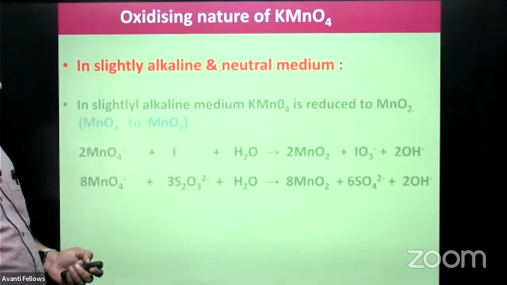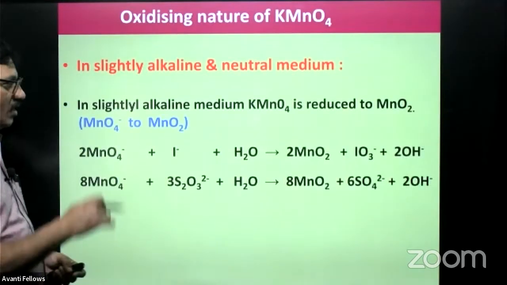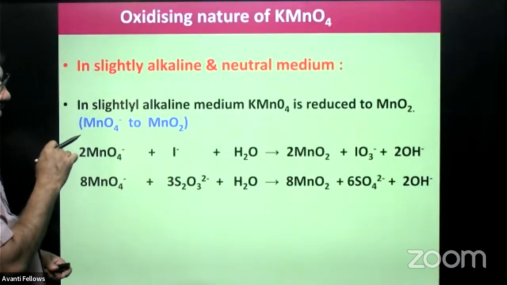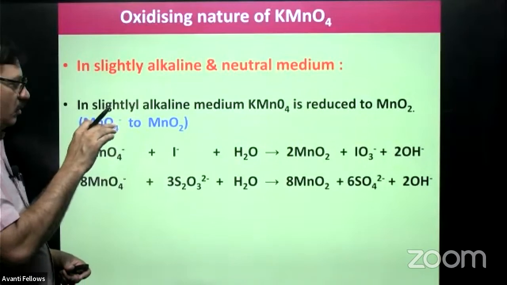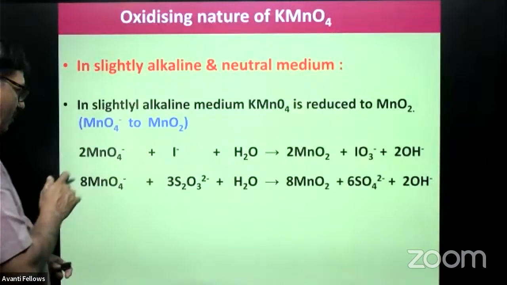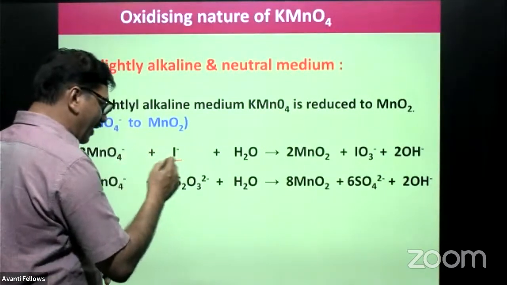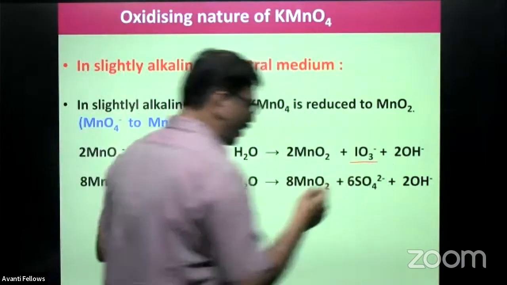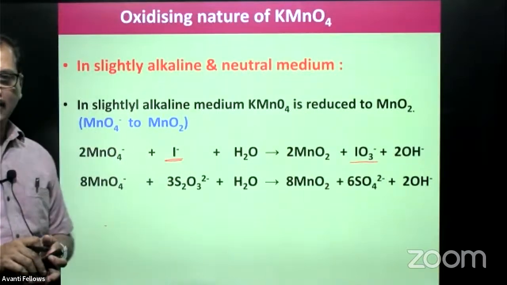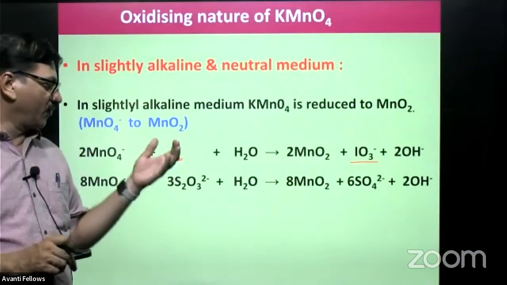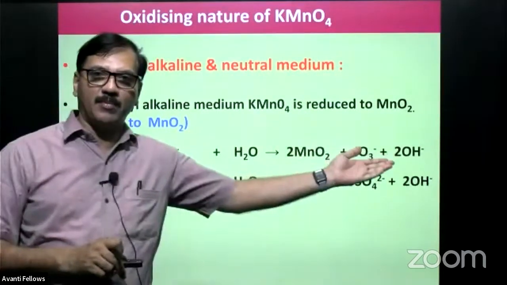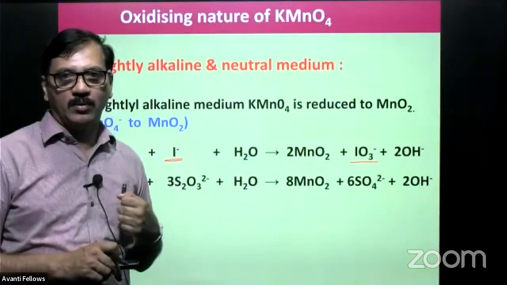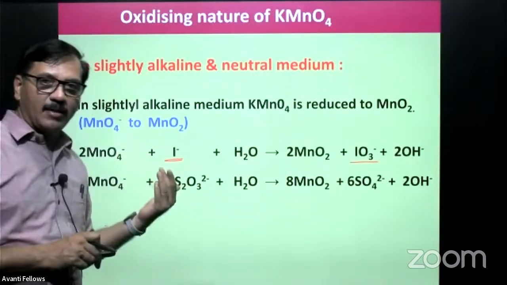In basic medium or slightly alkaline medium, or you can say in the neutral medium, it changes iodide ion, not into iodine, but into iodate ion, IO3 minus. So the way it changes is different: iodide ion to IO3 minus ion, and MnO4 minus is converted into MnO2. So you note the differences and practice the equation.